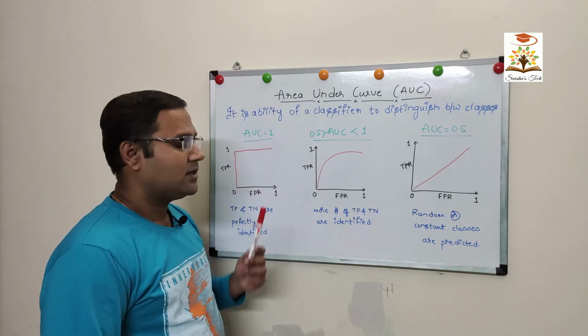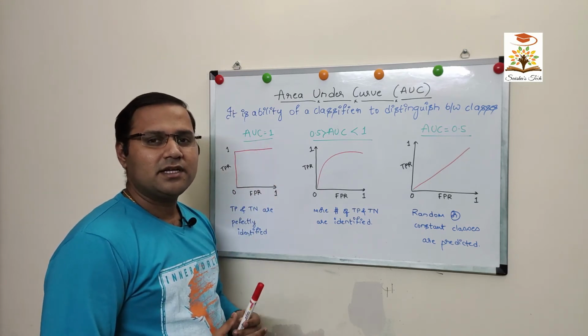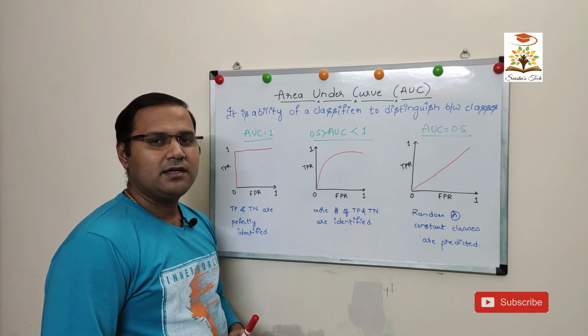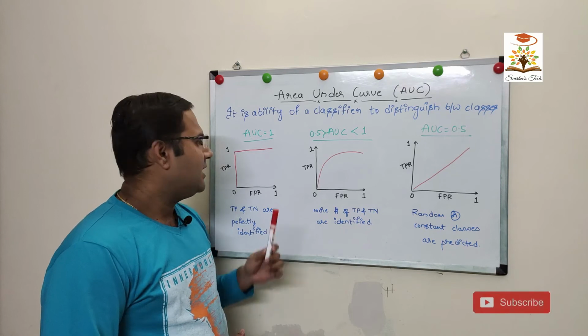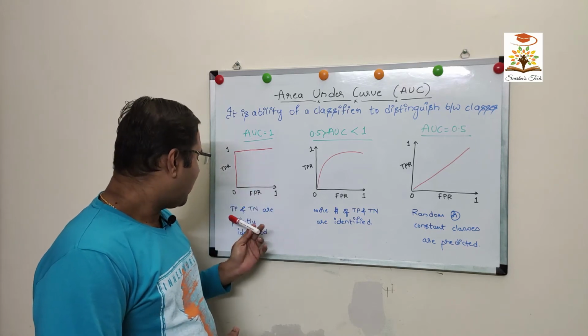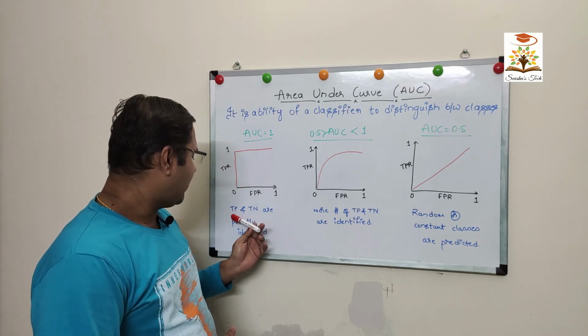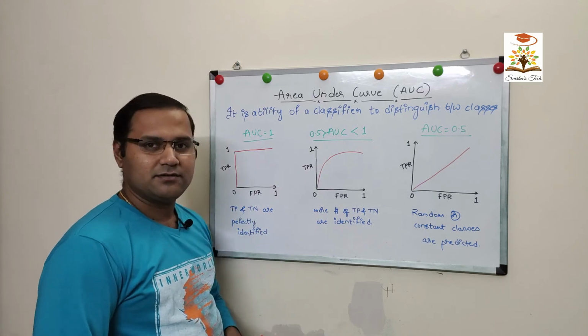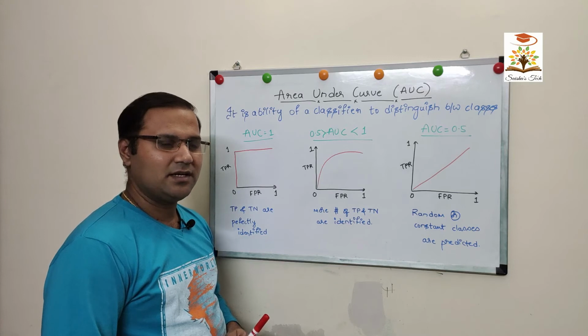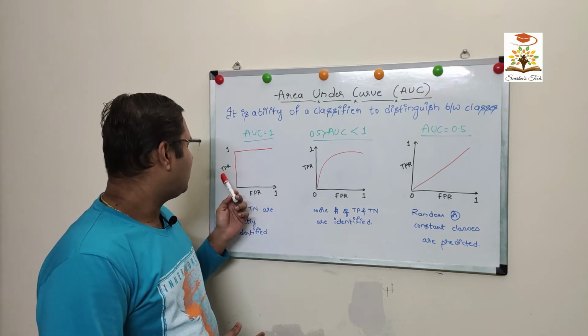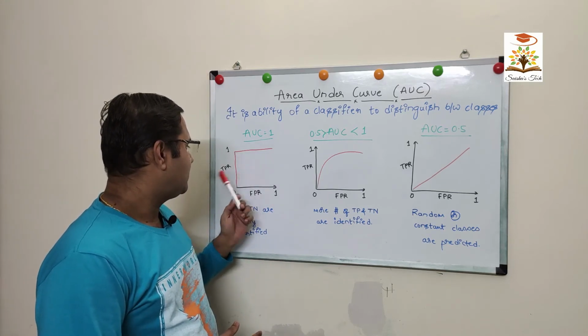AUC equal to 1 is a theoretical case and practically a bit difficult to achieve. In this scenario, we are correctly or perfectly identifying true positives and true negatives. The graphical representation of AUC equal to 1 can be shown as this.